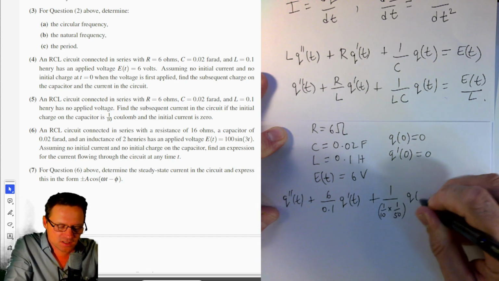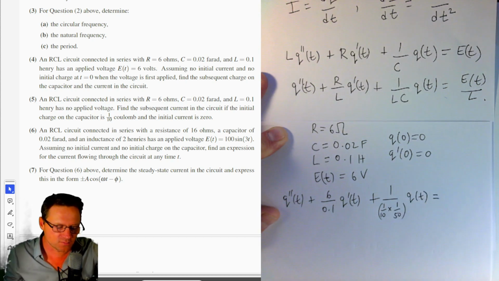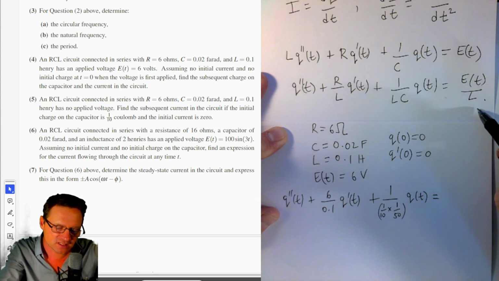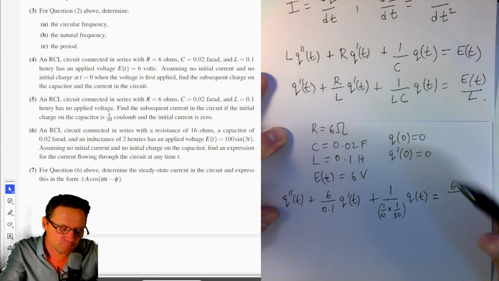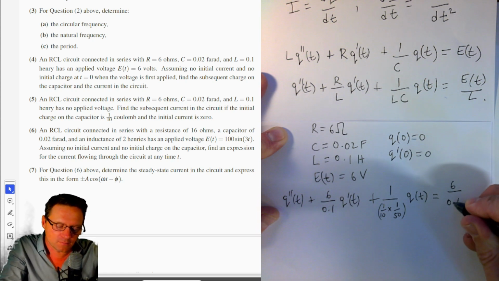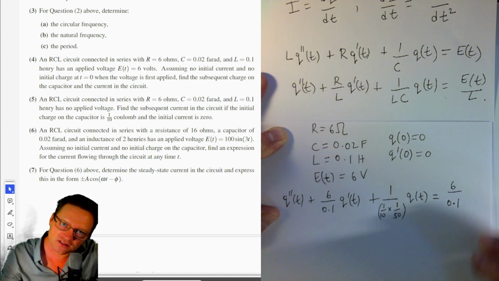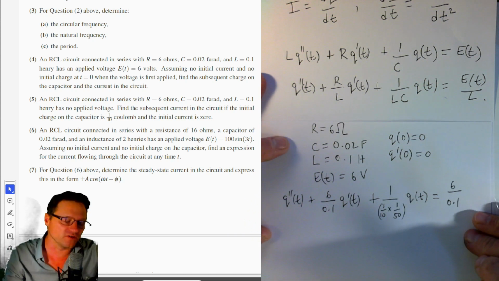And this is times q(t). And then on the right-hand side, we have E(t) over L. So that's 6 over 0.1. And now we just need to simplify this equation and solve it.